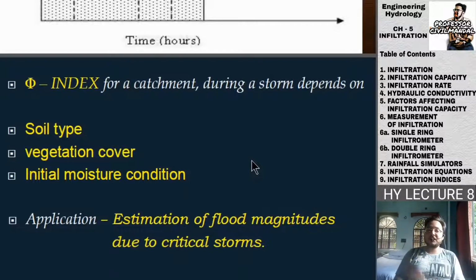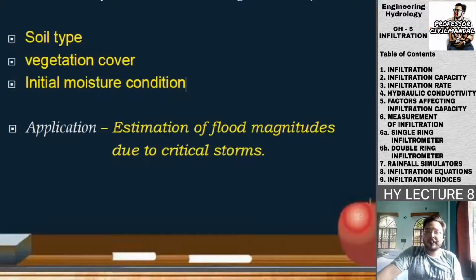If there is vegetation cover, it will not allow more seepage, so there is a chance of some runoff. And if it is a clayey soil, not much infiltration will take place. If it is a sandy soil, it is very porous, so much infiltration will take place. So this is how phi index of a catchment during a storm depends on these three factors.